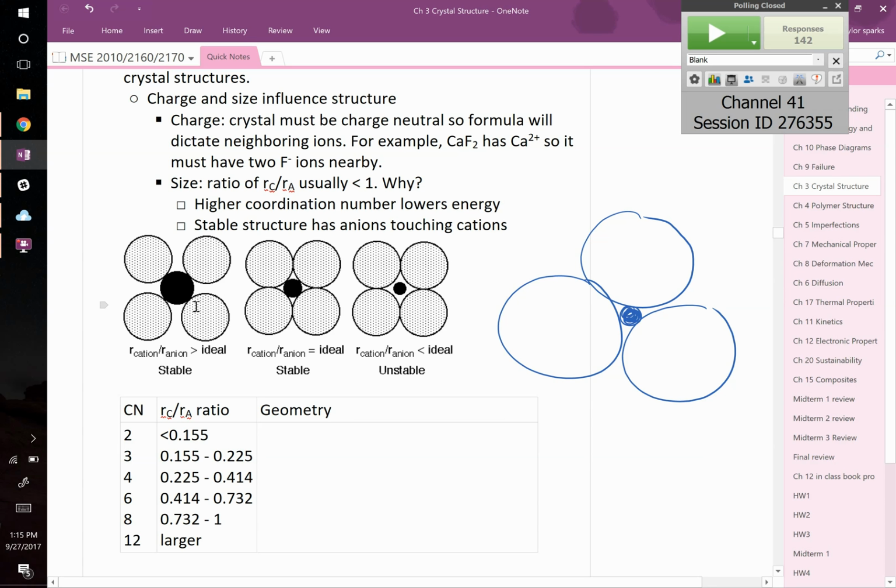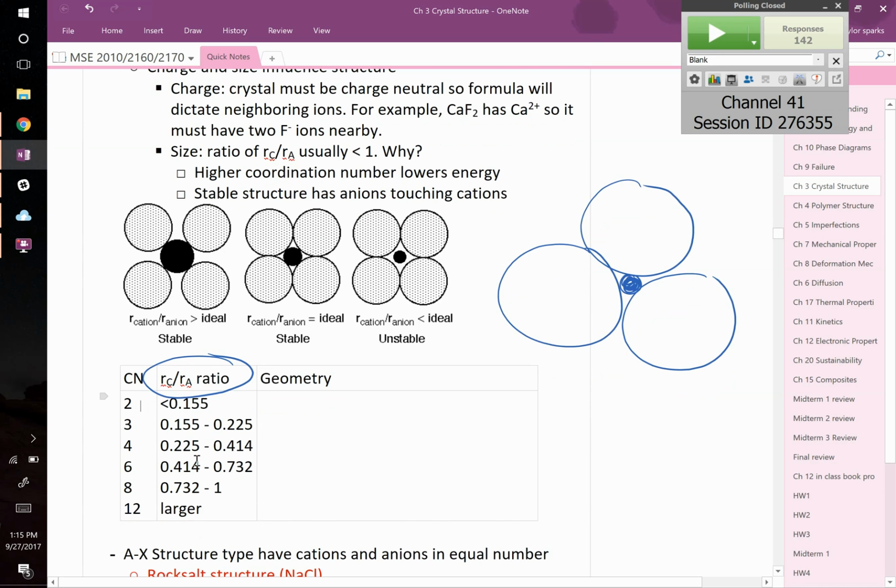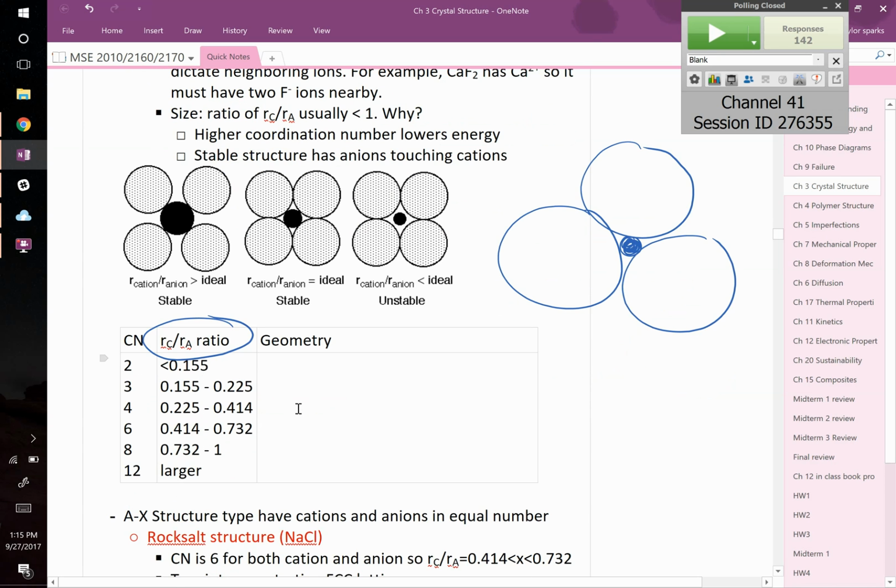So this was the first thing that some clever people realized. They said, okay, if you just calculate the ratio of the cation divided by the anion, this RC over RA ratio, it's going to spit out a number. Based off of what that number is, you can predict what the geometry is going to be, right?